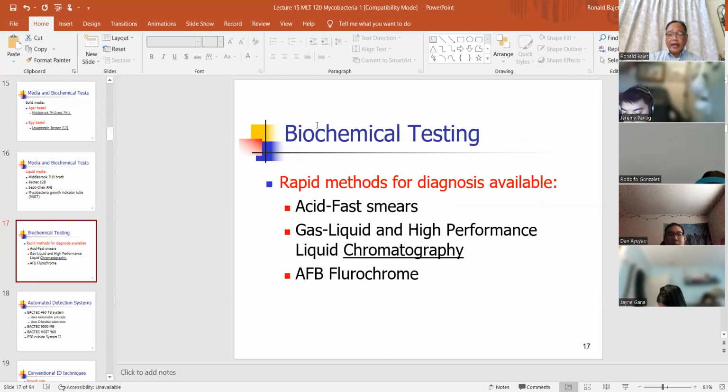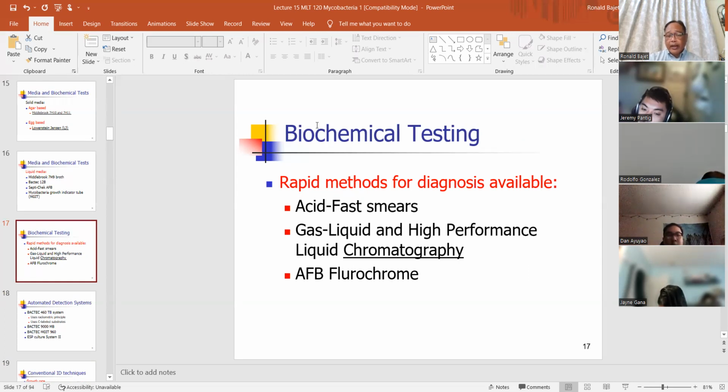Okay, the rapid methods for diagnosis are also available, which is the acid-fast smears. So you take a specimen like a sputum, you'll make a direct smear, or fluid, like a synovial fluid or bronch washing or whatever.